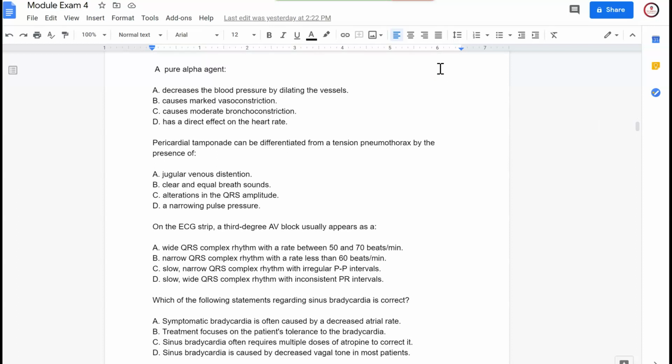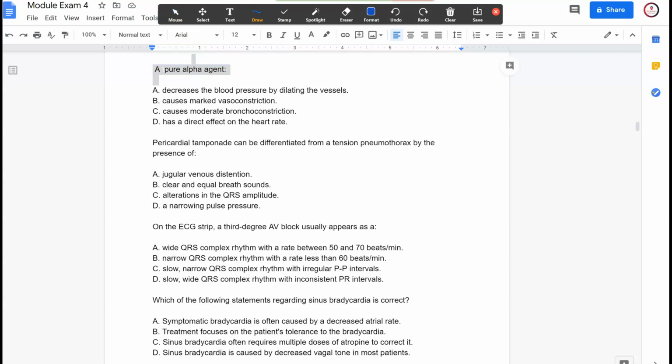A pure alpha agent. Okay, so what does an alpha agent often do? Right, we have your ABCs. Oh, hold on, just turn the annotation back on. Alphas constrict and betas dilate. So where's constriction, right?